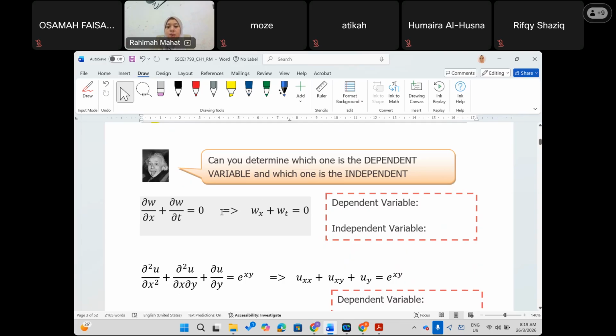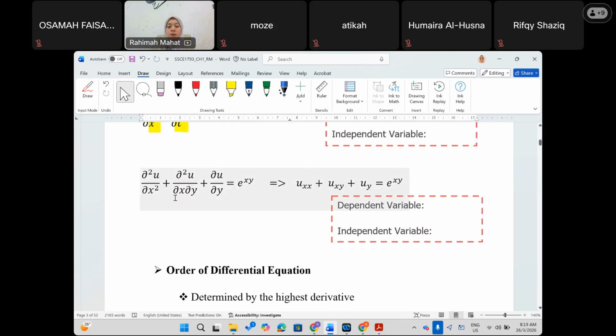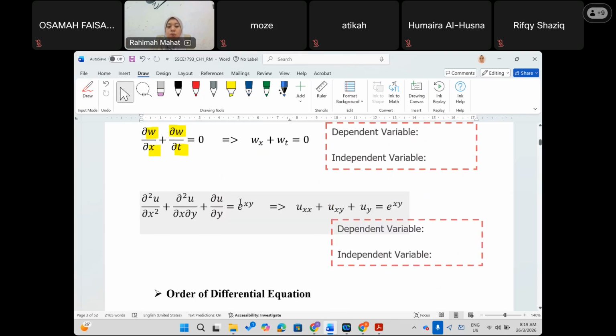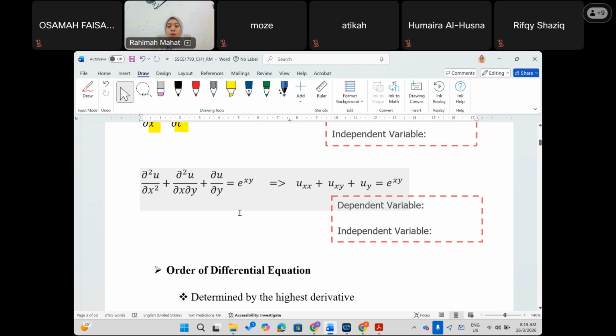From here, we can see that the dependent is W, and the independent are X and T. This is a PDE, partial differential equation. Similar to the next example here, U is the dependent, and the independent are X and Y.